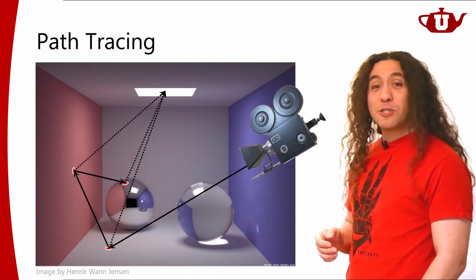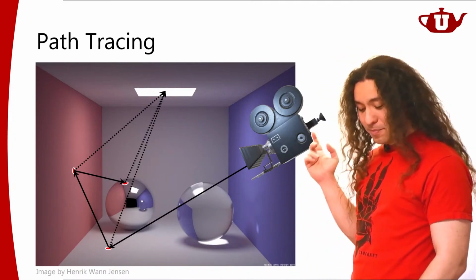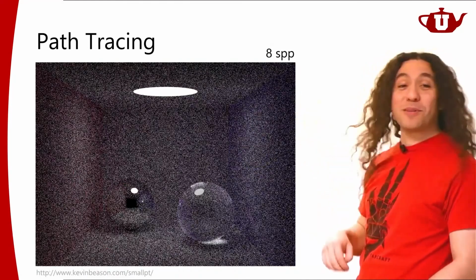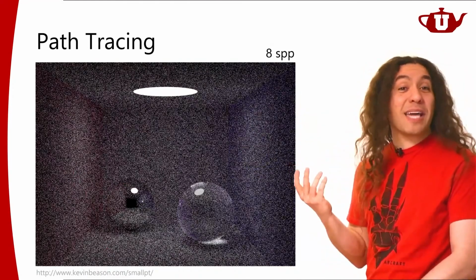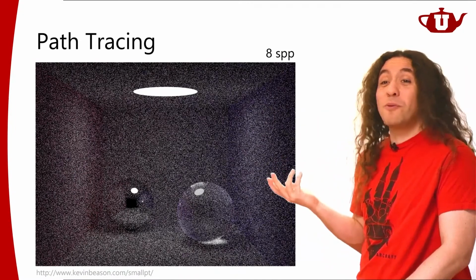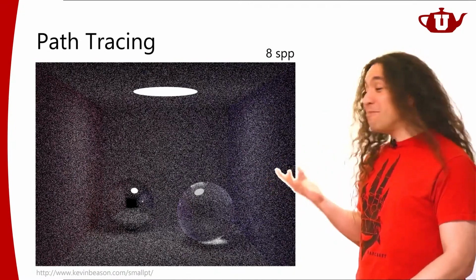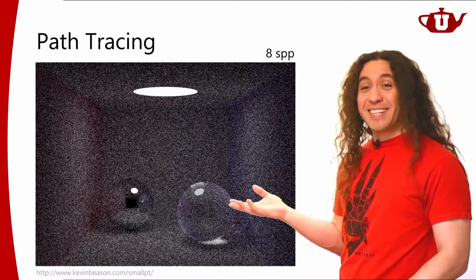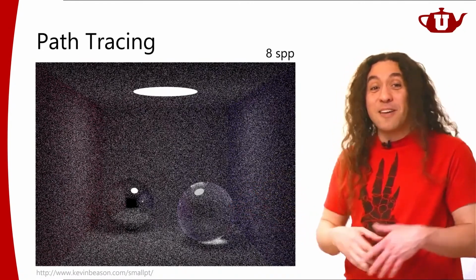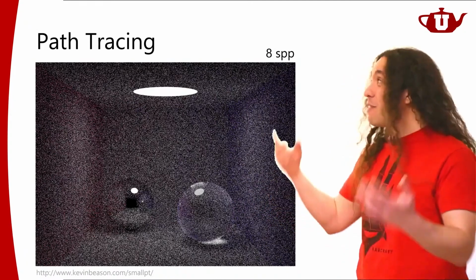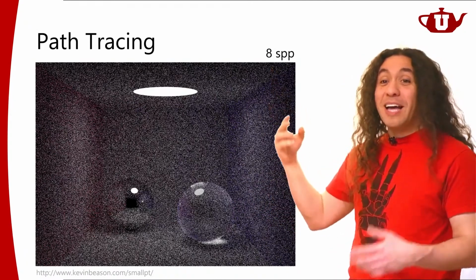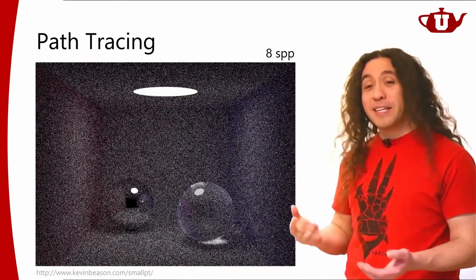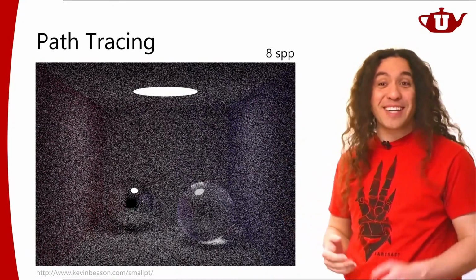If I do just 8 samples per pixel, let me show you in this scene, that means I'm just looking at 8 light paths per pixel. I'm seeing some stuff, but it's quite noisy, right? Because there are infinite light paths and I just randomly picked 8 of them. Of course that's going to be noisy. 8 out of infinite is a very small fraction.